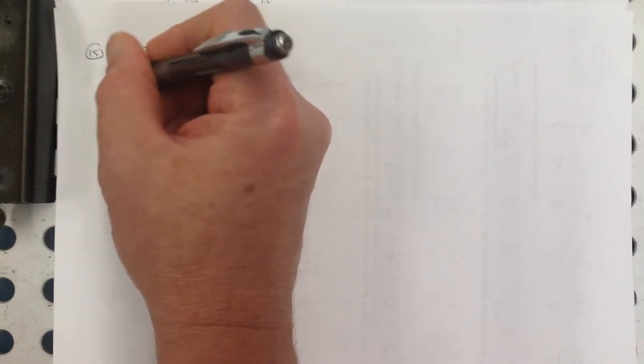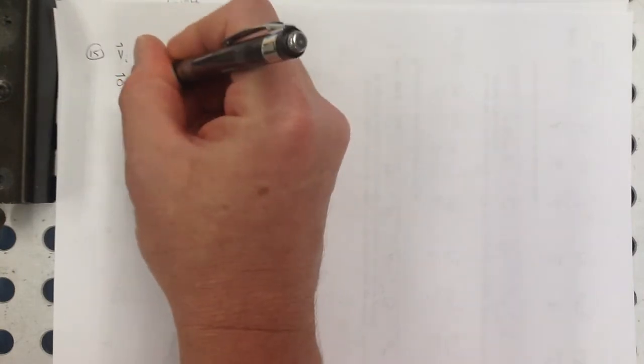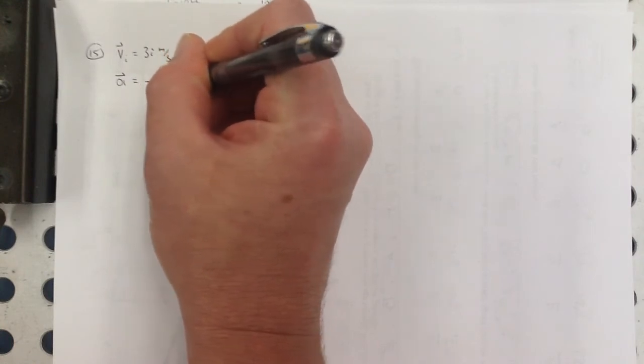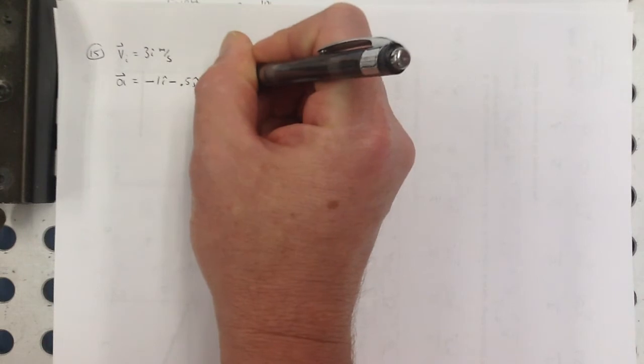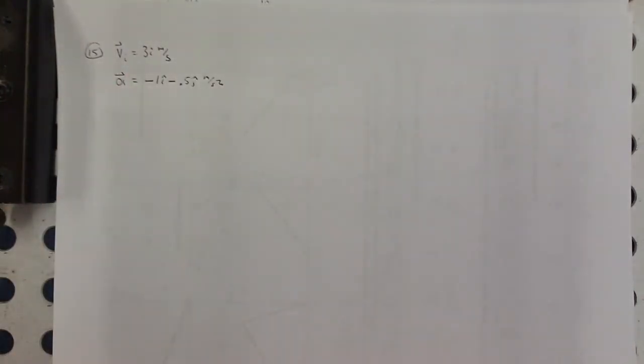This is its constant acceleration, so it's not changing. Minus 1i minus a half j meters per second squared. When it reaches its maximum x-coordinate, what are its velocity and position vector?